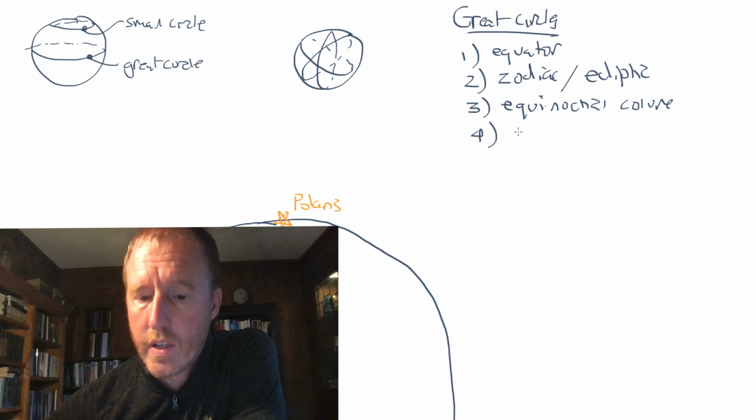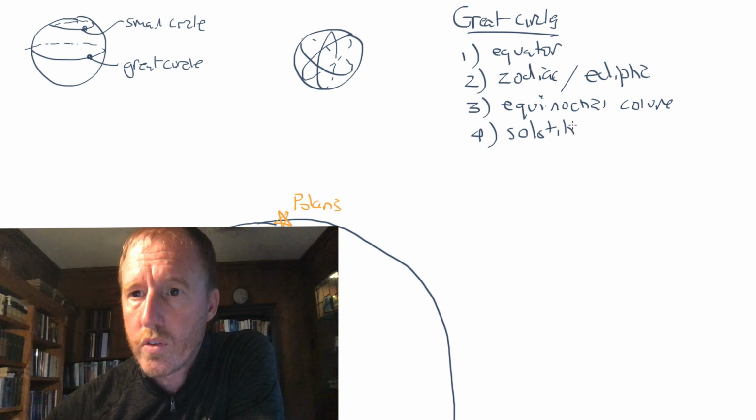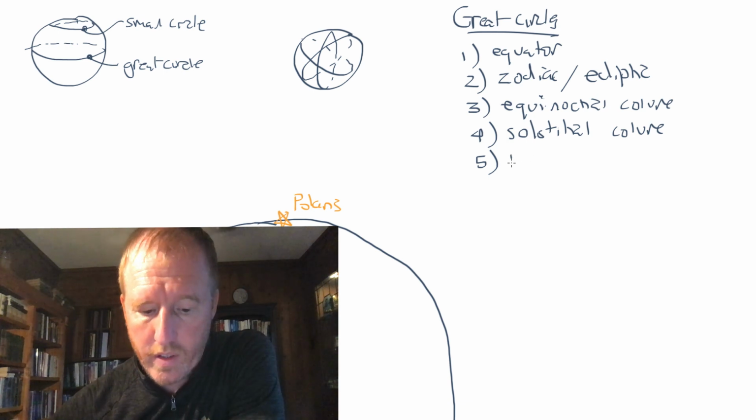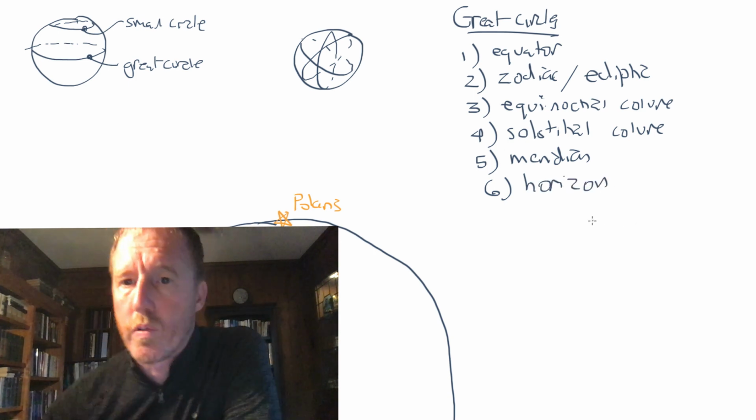The fourth he calls the solstitial colure. The fifth is the meridian, and the sixth is the horizon. These are the 6 relevant great circles.